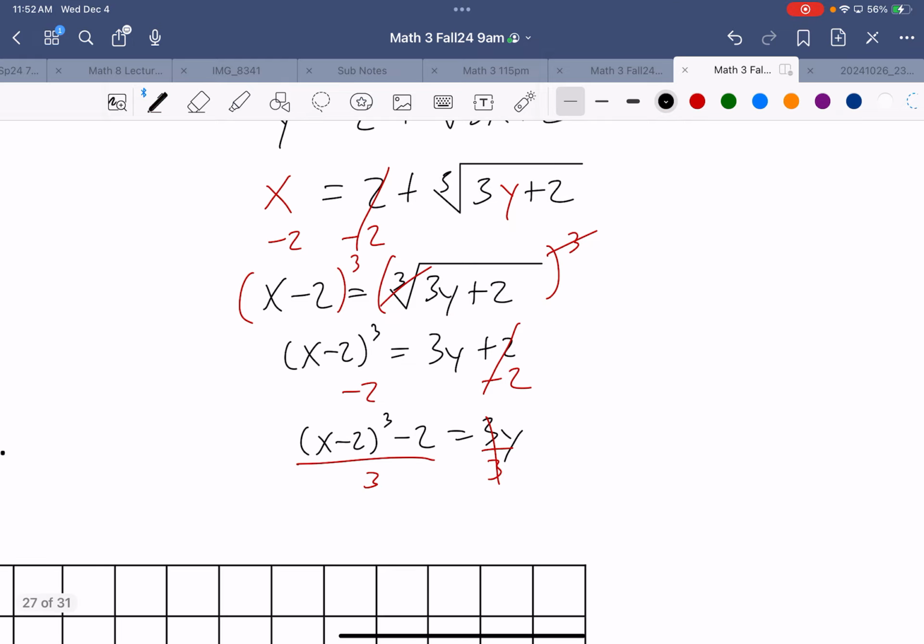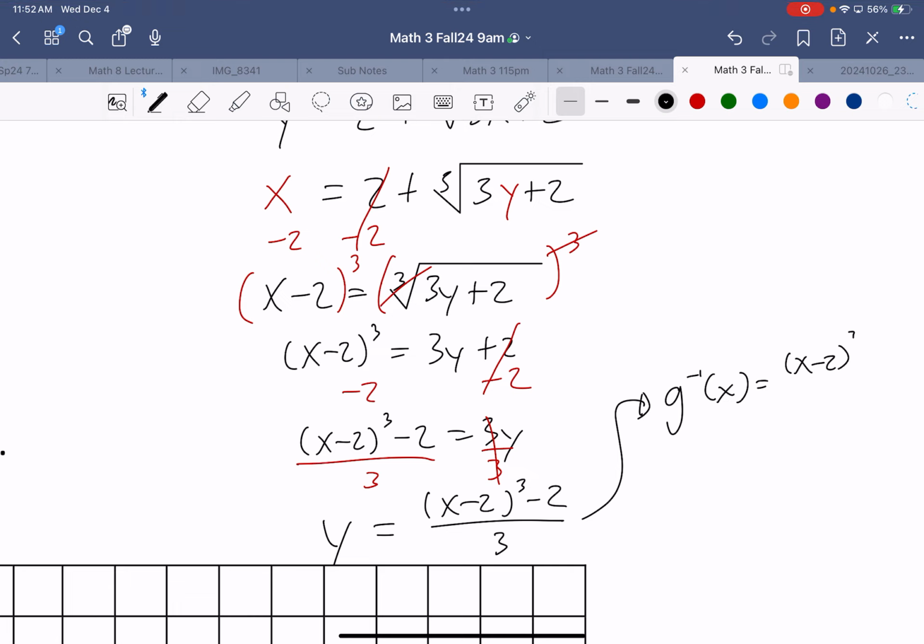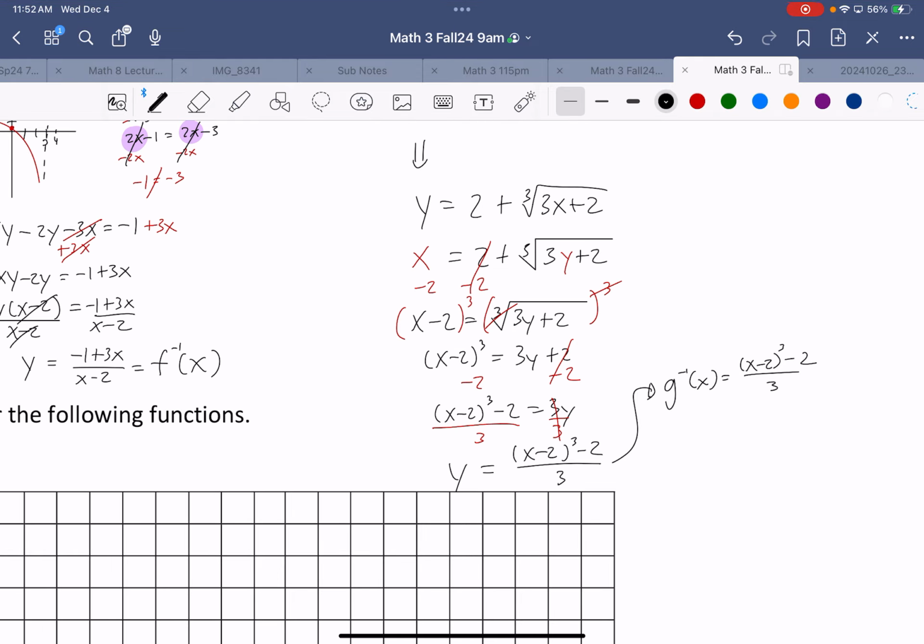And that leaves me with y is equal to x minus 2 cubed minus 2 over 3, which I rewrite as g inverse of x is equal to x minus 2 cubed minus 2 over 3. Ta-da.